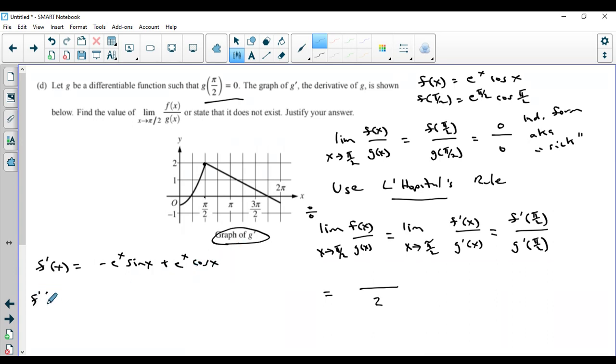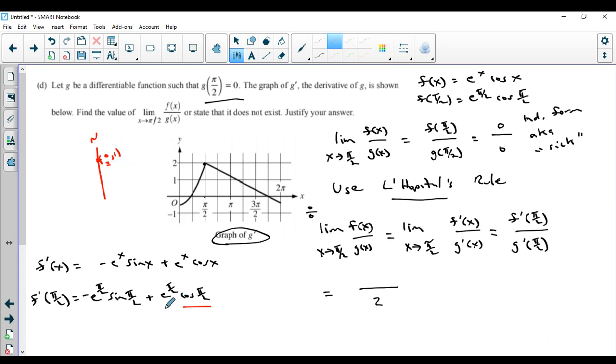So if I want f prime of pi over 2, just put pi over 2 in it. I get negative e to the pi over 2 sine of pi over 2 plus e to the pi over 2 cosine of pi over 2. The good news is that the cosine of pi over 2, the north pole, the 0, 1 point, the cosine is the x value.